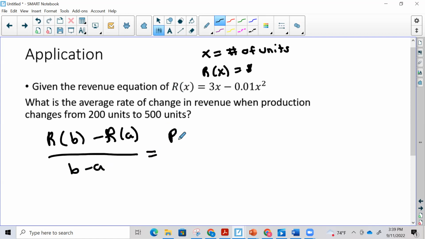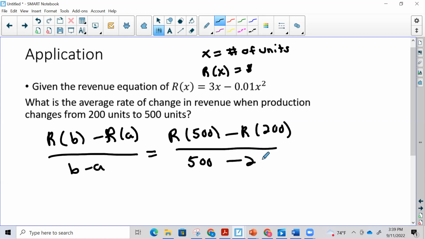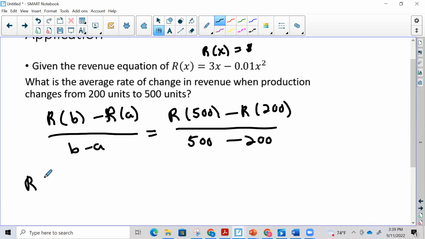So in this case, it would be R of 500 minus R of 200 all over 500 minus 200, because these are my x values. So when we find R of 200, again, we plug it into our calculator. So we go 3 times 200 minus 0.01 times 200 squared.